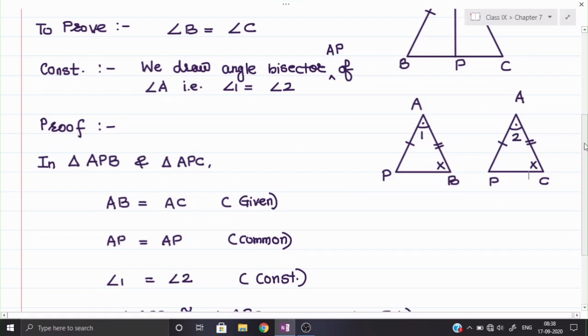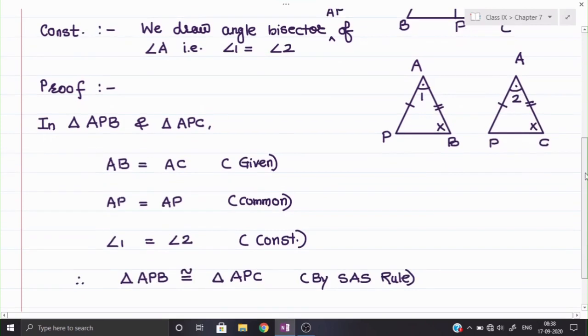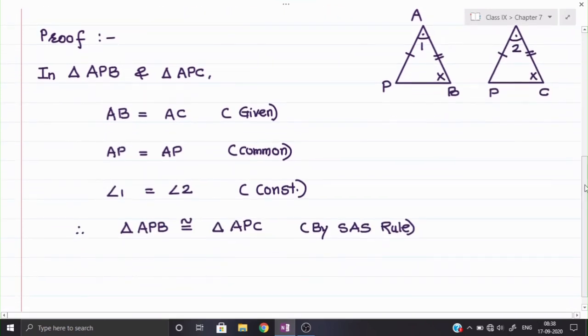So first of all we shall mention these two angles ABP and ACP. So we can say that therefore angle ABP is equal to angle ACP. Give the reason over here: CPCT, corresponding parts of congruent triangles. Now look at the main figure given to us in the question.